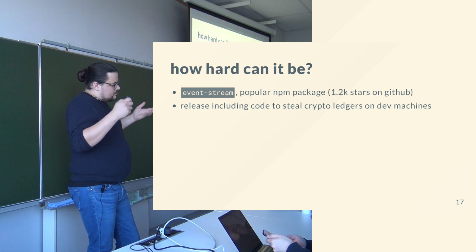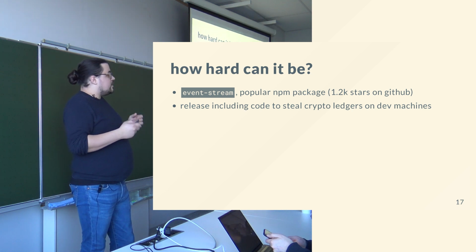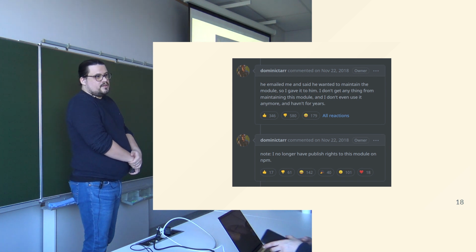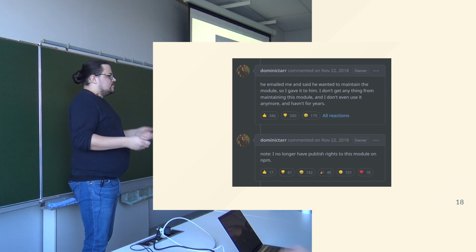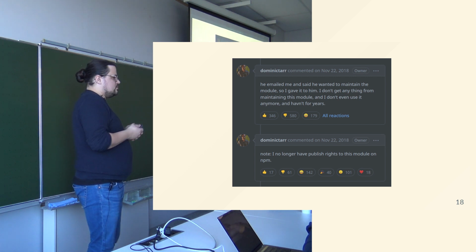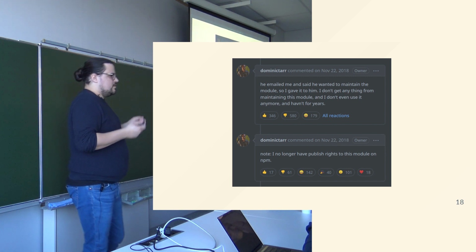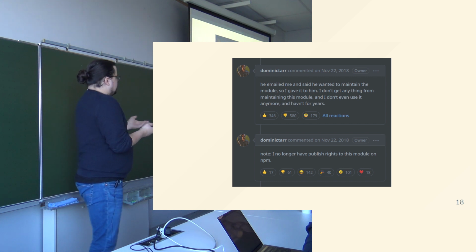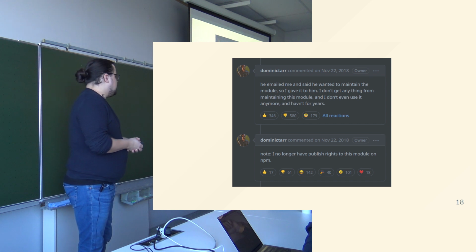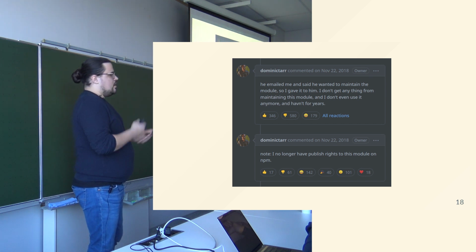And when contributors tried to find out why it could happen, they asked the maintainer, and the maintainer basically said that someone sent him an email asking for publish rights, and so he gave it to him because he didn't care about the library anymore. So it shows you how easy it can be to compromise a software stack with hundreds or thousands of dependencies.